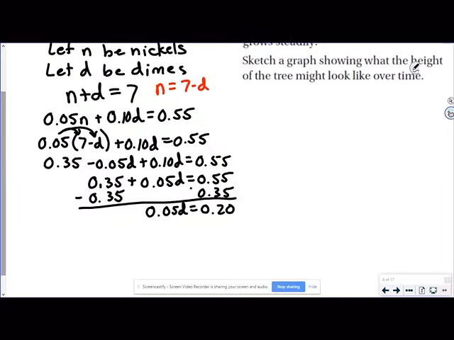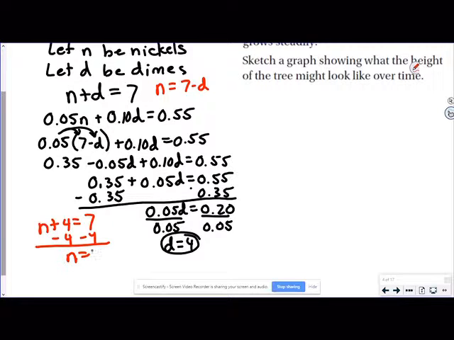Move down a touch here. Divide by 0.05. d equals 4. Plug it back in. So n plus 4 equals 7. Subtract 4. n equals 3.